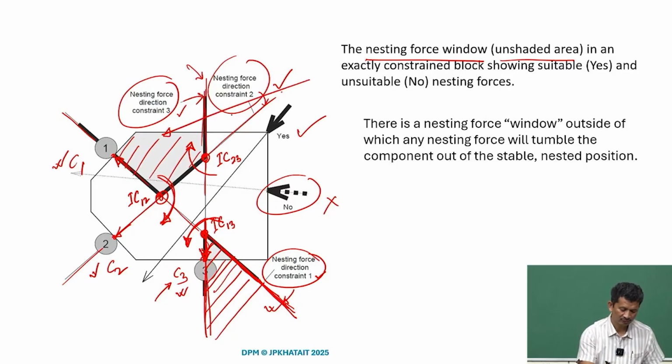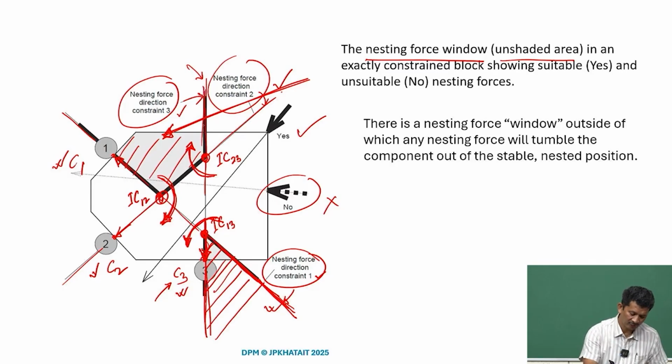Similarly, if we start from IC23 and go along these lines, suppose a force passes through this line like this. Along this way, it contradicts the IC23 requirement, because it is creating a moment opposite to what is required. Same with IC12, it is creating a moment in the opposite direction, although it fulfills the requirement for IC13.